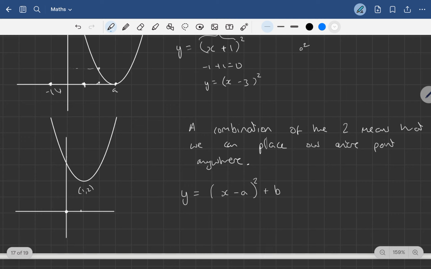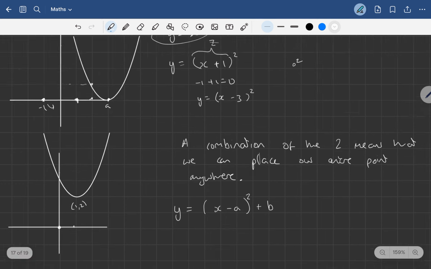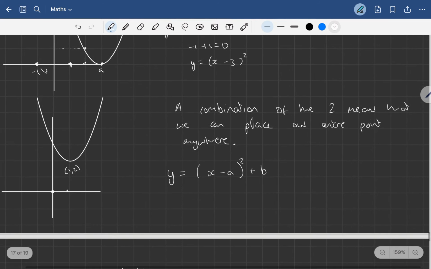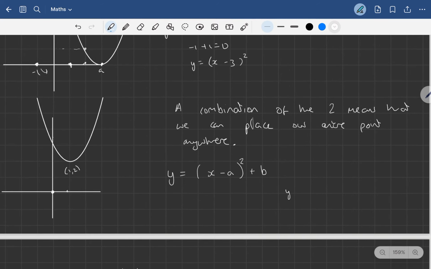This means that we have shifted the normal x squared curve 1 towards the right, and we've seen what happens up here when we shift along the x-axis. We would get y is equal to (x minus 1) squared if it's 1 to the right. That would result in something that looks like this, as a rough sketch.